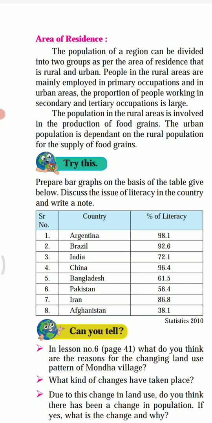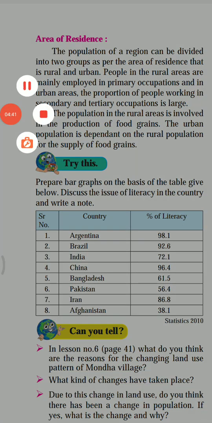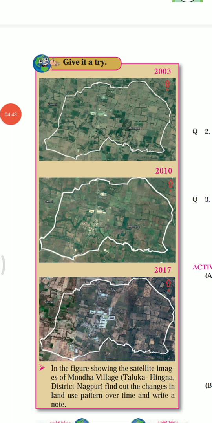So here I have to refer to page number 41. Children, the figure showing the satellite images of Mondha village is given in your book, page number 41. And based on this image, the questions are given in page number 46.